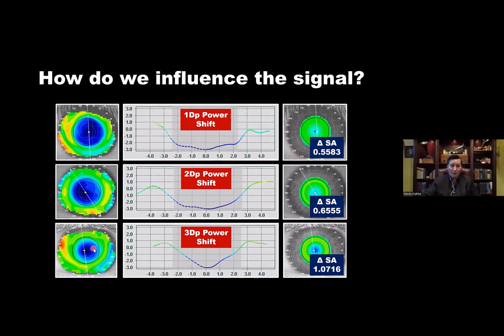The smaller the treatment zone, this blue area of myopic reduction or of flattening of the central cornea, the higher the add power or defocus we create, and the higher the spherical aberration. The greater the defocus and the greater the spherical aberration, the better the myopia controlling effect. So we want to try to control these Ortho-K lenses so that they produce the best myopia control. But how do we do that?